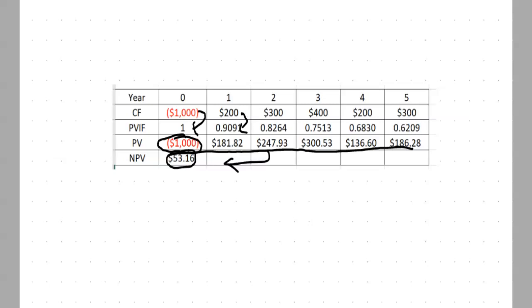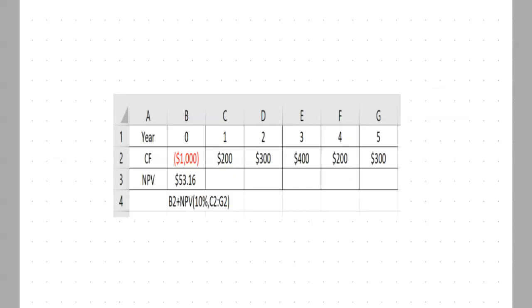You can also use a Microsoft Excel spreadsheet to calculate the net present value. You have to write all the cash flows in ascending order: year 0 first, then year 1, year 2, year 3, year 4, and then year 5 cash flows. The function you need to use is NPV.